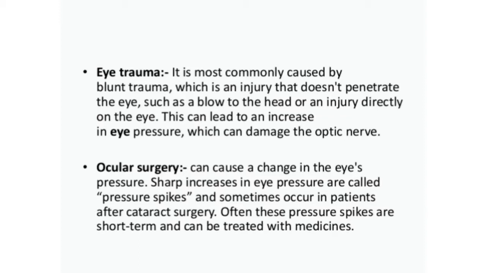And sometimes after ocular surgery, it can lead to a pressure spike. Pressure spikes are a sudden, sharp increase in the eye pressure. Sometimes this happens after cataract surgery, and sometimes with medicine also this can increase.